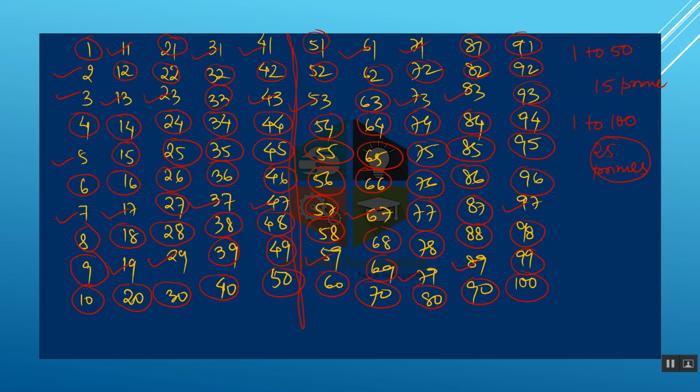And there are many more composite numbers also, divisible by 3, divisible by 5, divisible by 7. So composite numbers are much more than prime numbers. These are a few things we noticed.